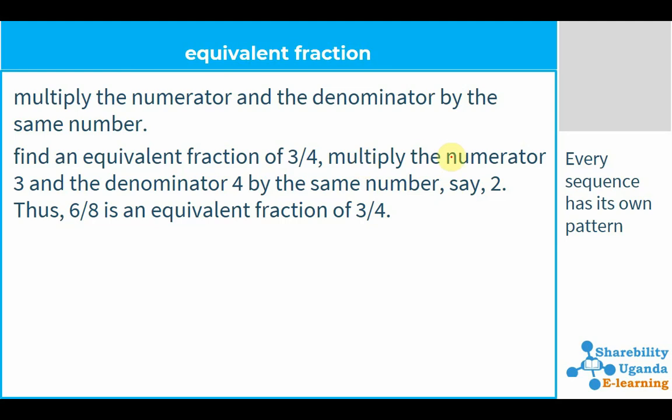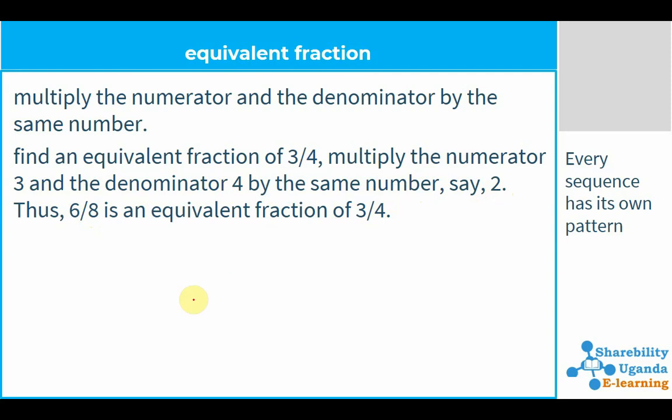We multiply the numerator 3 and the denominator 4 by the same number, let's say 2. Here we get 6 out of 8 as an equivalent fraction of 3 out of 4.